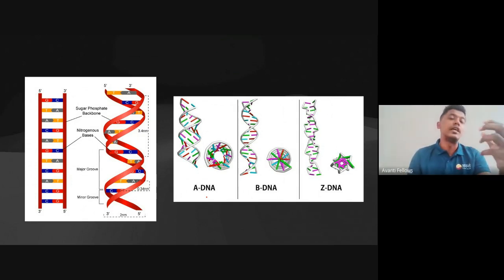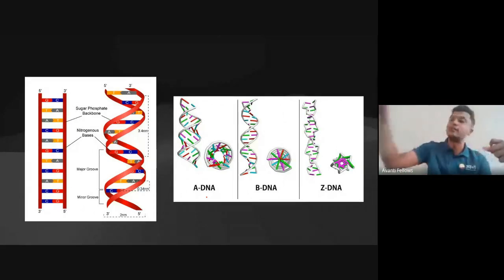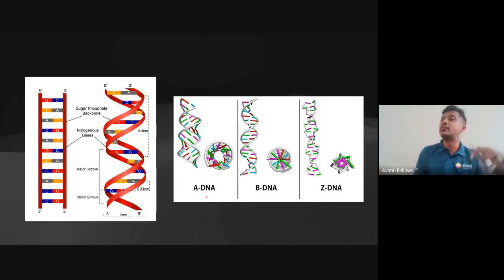But unfortunately, Watson and Crick were not able to prove this through experiment. That is why that statement remained until it was proved. And when it was proved, they went back and were like, yes, Watson and Crick predicted this, and they really told about this. All right.